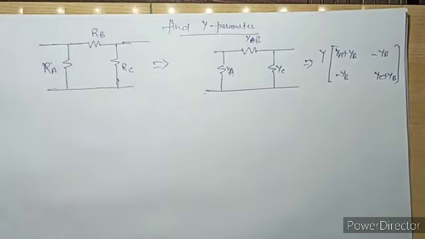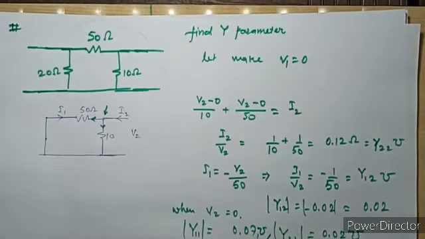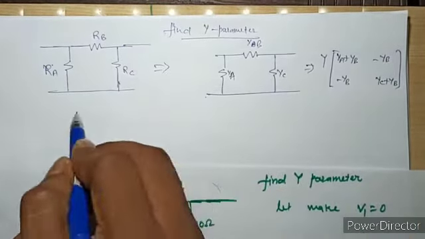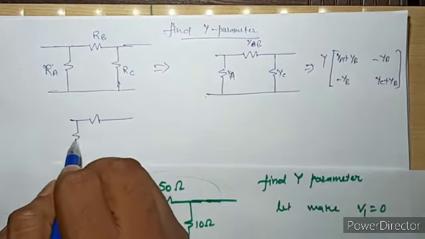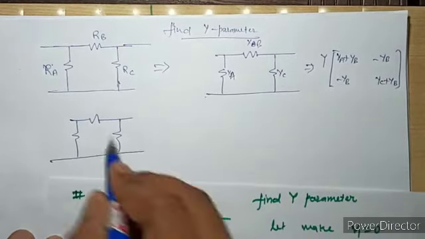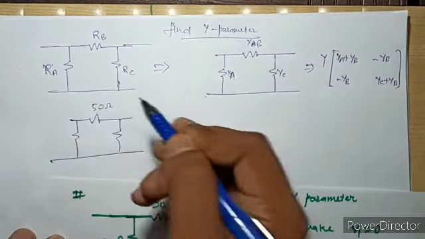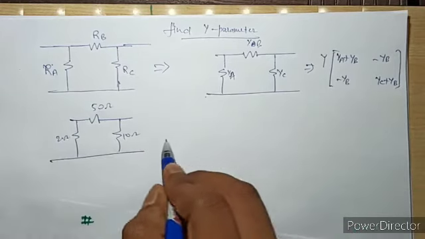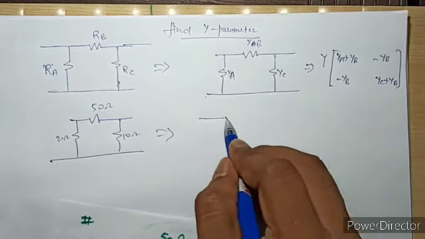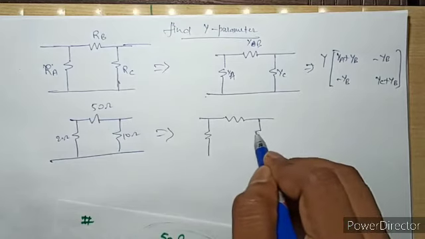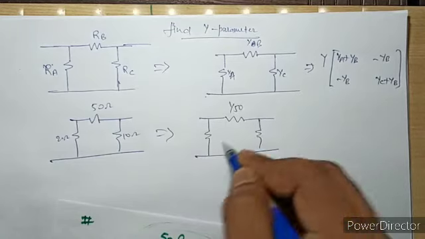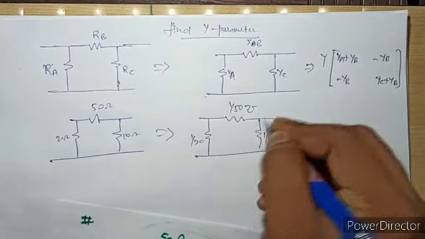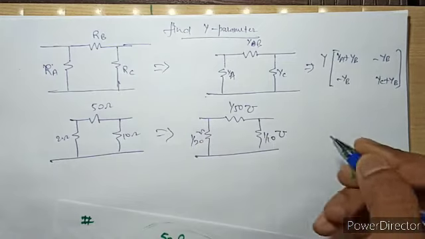Means if I take our previous example, the question was given like this. This was 50 ohm, this was 10 ohm and this was 20 ohm. If I calculate its admittances, our admittances will be 1 by 50, 1 by 20 and 1 by 10, right?